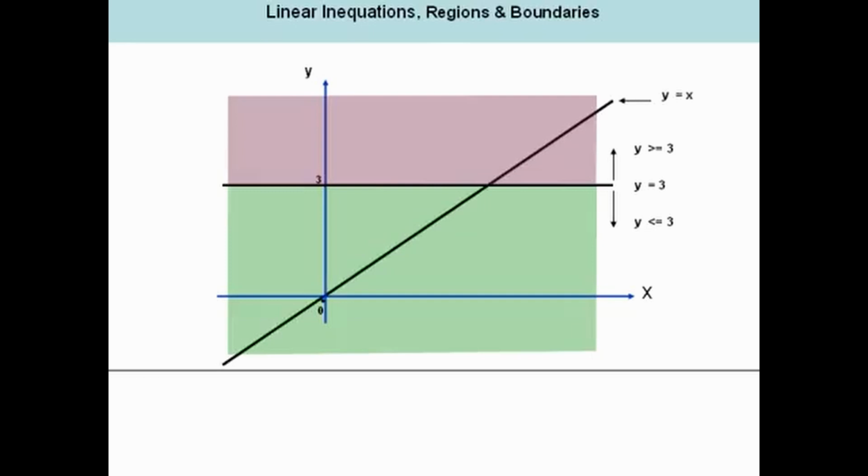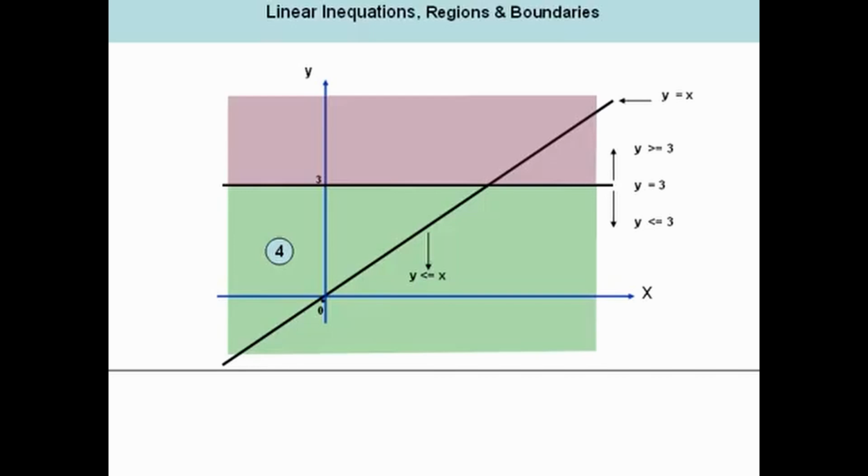The equation for this line is y is equal to x. Now what we note based on our earlier discussion is that the line y equal x is also another boundary dividing two regions. The first region being everything below that line, and that is described by the inequation y is less than or equal to x.